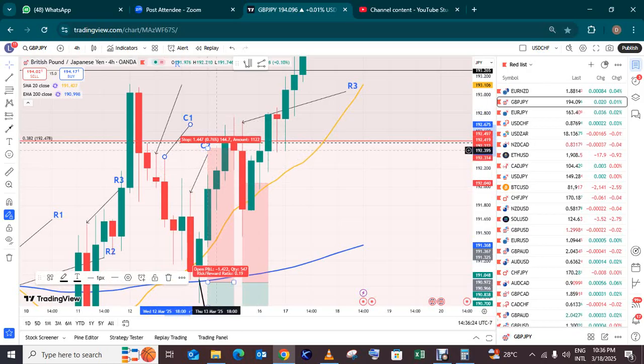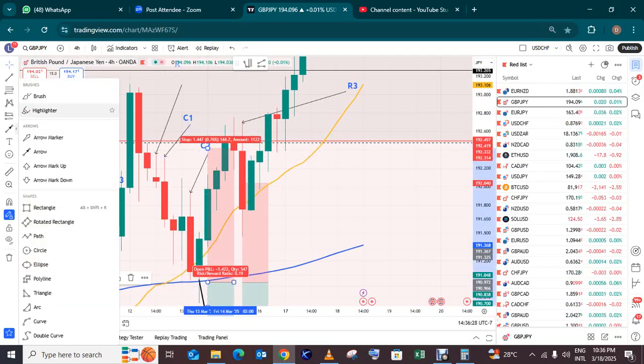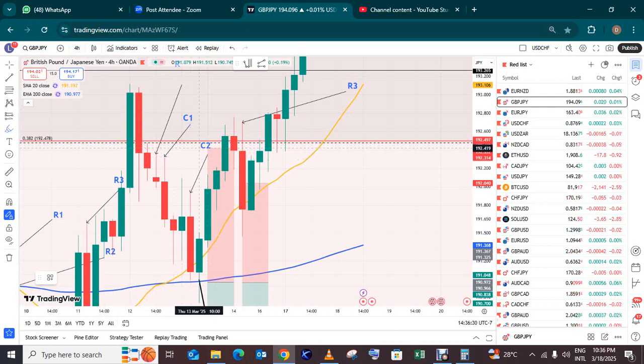I had to move the stop loss towards this level, towards the C1, guys. I had to move it from the C2 candlestick formation up to the C1 candlestick formation.